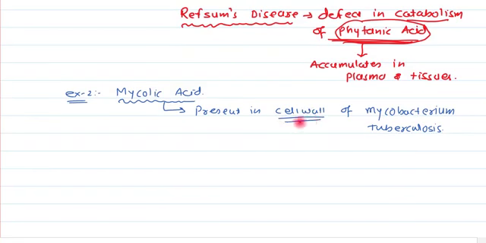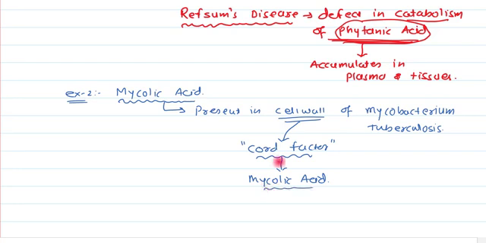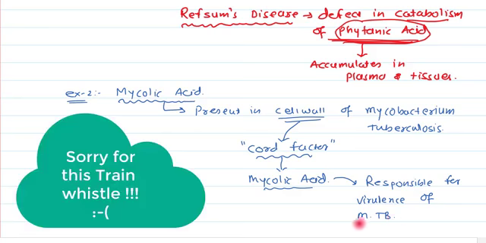In its cell wall, there is one particular substance called cord factor. This cord factor is actually made up of mycolic acid, and in the cord factor, mycolic acid is responsible for the virulence of this Mycobacterium tuberculosis bacteria.